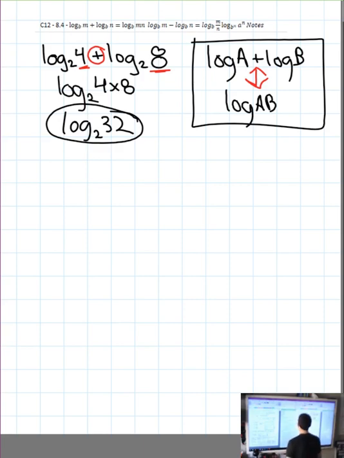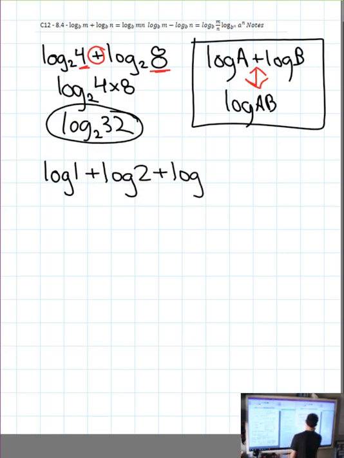So let's say we have 3 things. Remember, the base is unimportant. Log 1 plus log 2 plus log 3. So when working with equations, I'm always going to go down the page, but sometimes I'm just going to go off to the right.